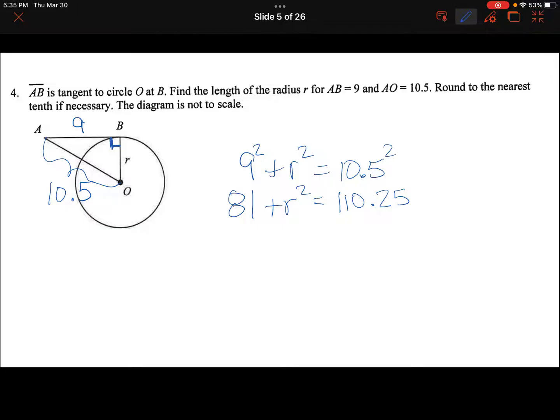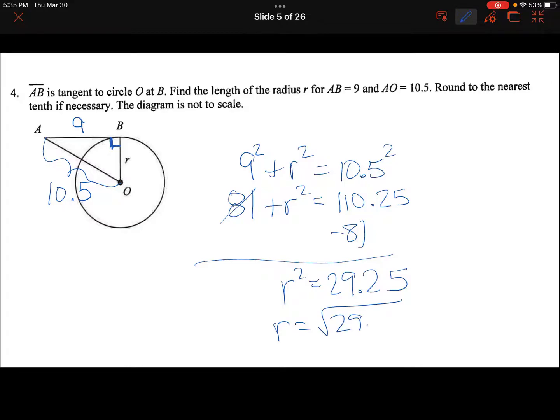Okay. Just need to subtract the 81 from that and take the square root. That tells me that r squared is 29.25. So my radius is the square root of 29.25, which is, so the radius equals approximately, and this wants us to round to the nearest tenth.